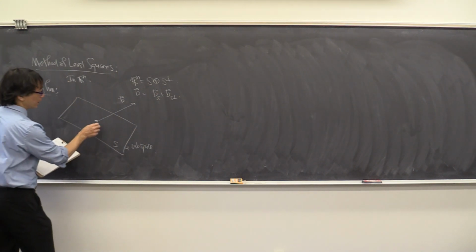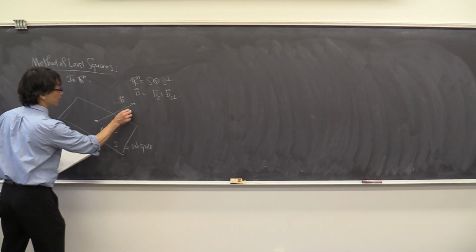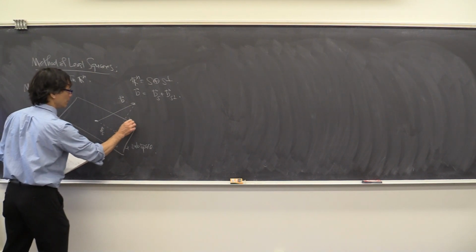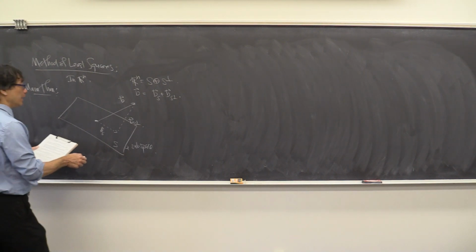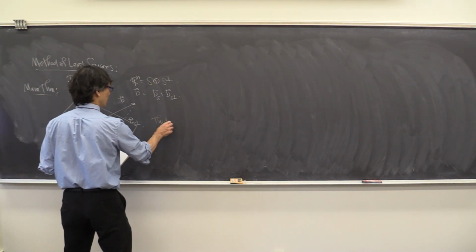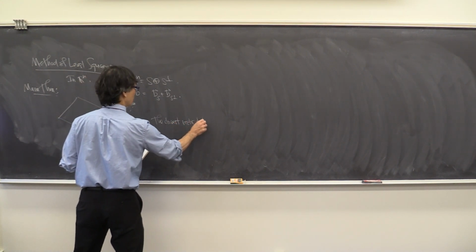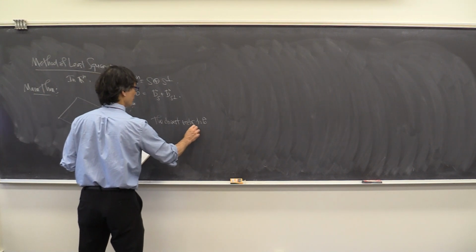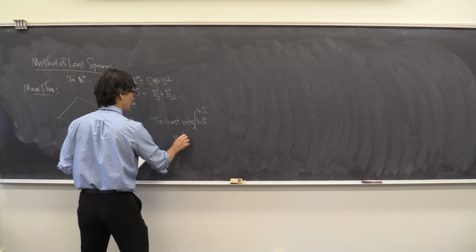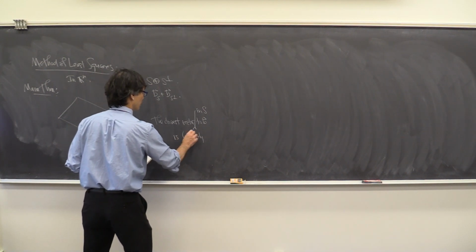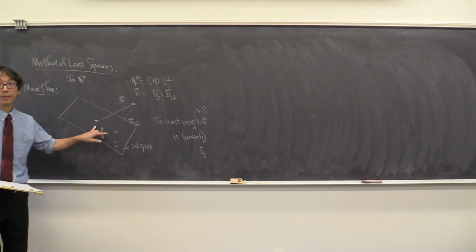right? So you can split this thing up into something in S, which we're calling B sub S, and something in S perp, which we're calling B sub S perp. And then the theorem said that the closest vector in S to B is uniquely B sub S. That guy is the closest, and there's nobody else that's closer.